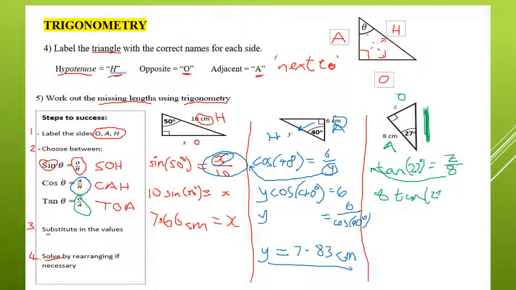See, when I rush, the handwriting's very poor with the mouse. And this will tell me Z is equal to, if I go to my calculator and go 8 times tan of 27, I get 4.08. And once again, this question had units in it, so I've got centimetres as my length there for Z.